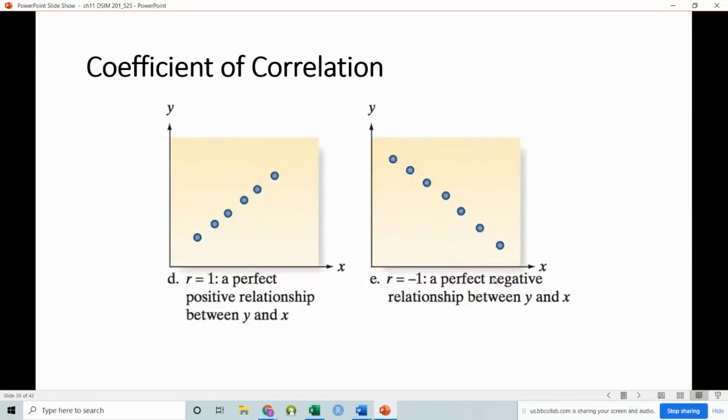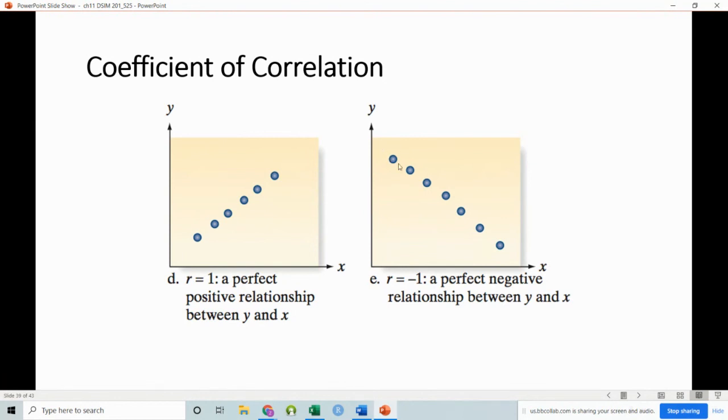As correlation only ranges from -1 to 1, the closer to these extremes, the more of the data points will fall on our regression line. So if r equals 1, that's a perfect positive relationship between y and x. So all of our dots in our scatter plot will fall on the same line. And likewise, if r is equal to -1, it's a perfect negative relationship between y and x.